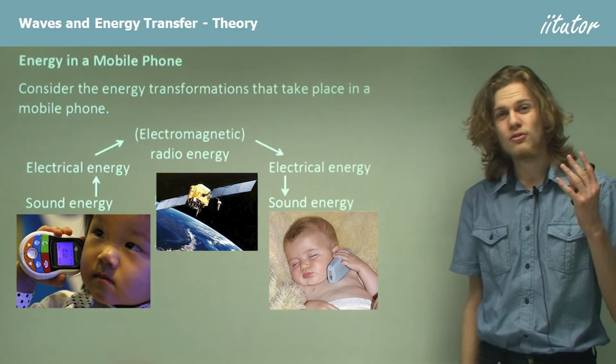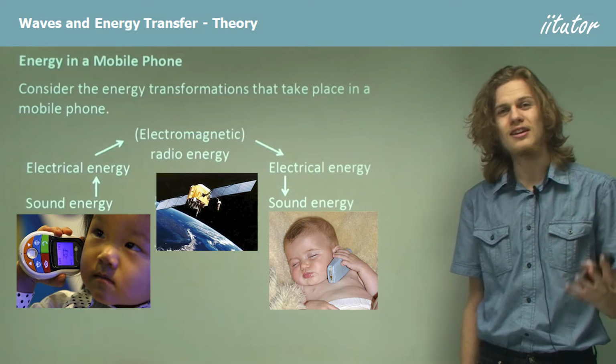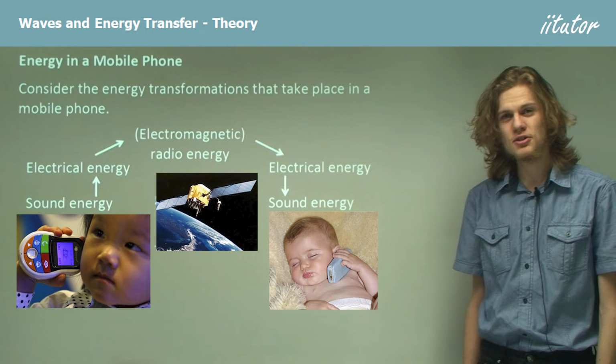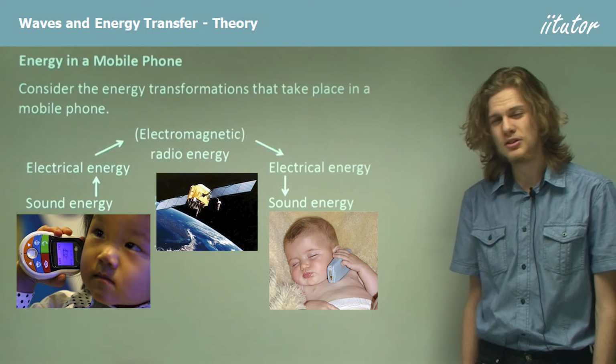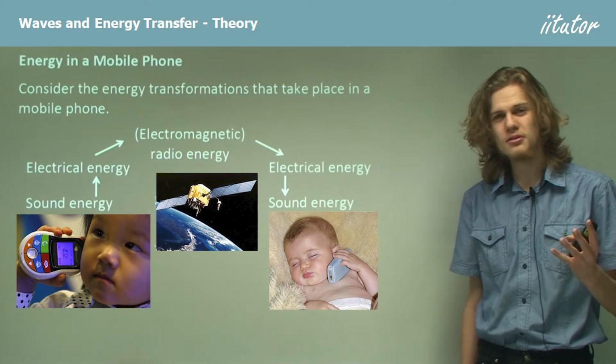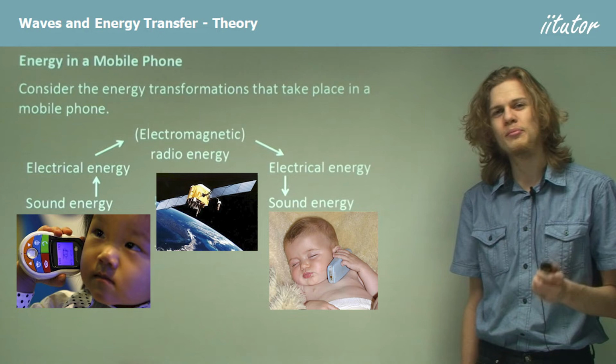And once it's back in the form of sound energy, the recipient can receive the message that the sender sent. So in this case, we have a number of different transformations of energy just to transmit a single message. But because one of the transformations turns it into radio waves, we can transmit that message extremely fast and extremely long distances.